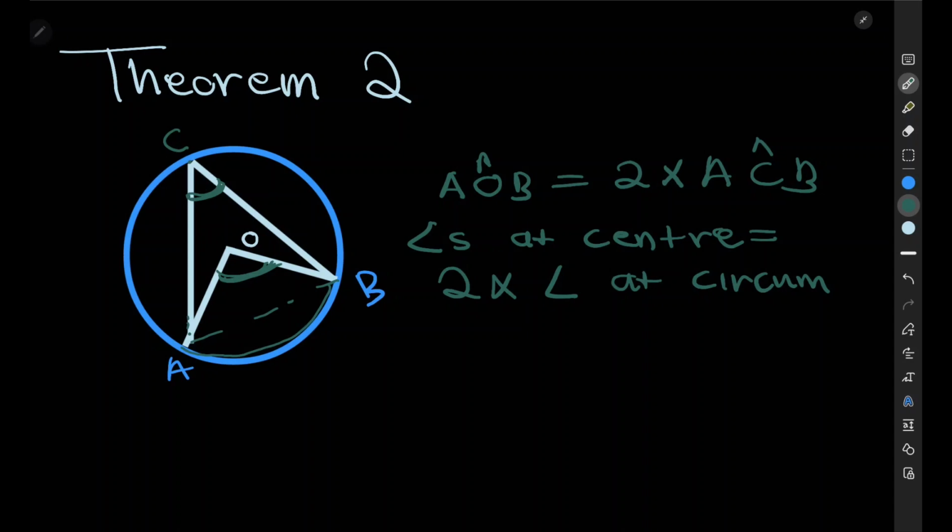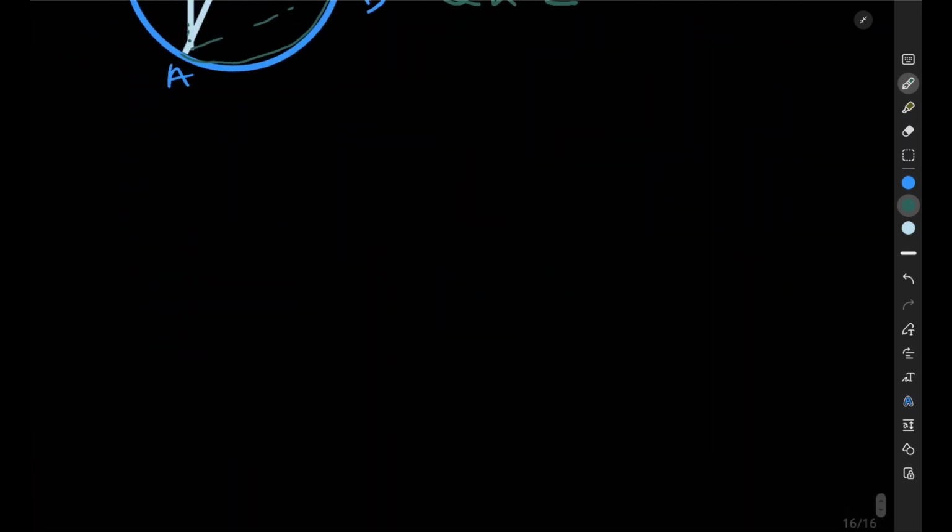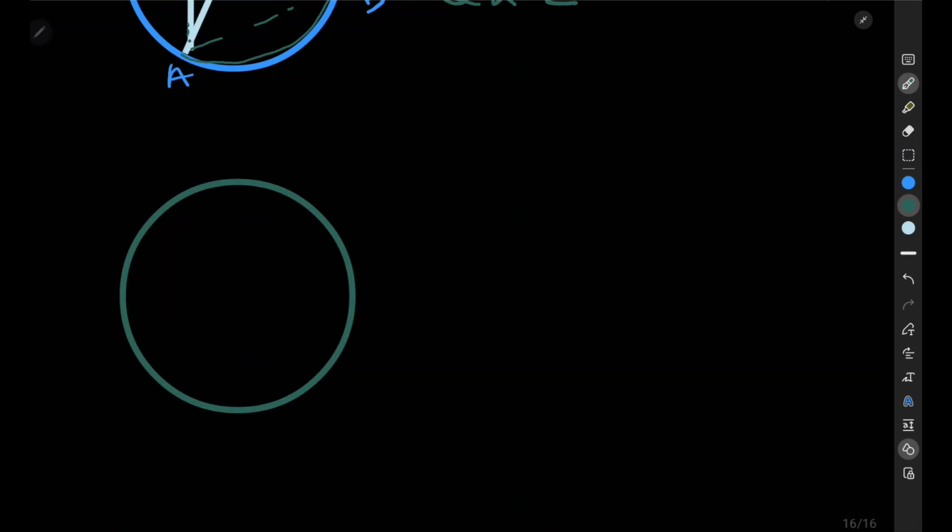Okay, so this is not the only shape that they can give you. Another shape that they can give you, let me just quickly give you an example. Let's say they give you a circle, obviously, since this is circle geometry, and you have your center here, that will be A, and let's say we have C here and we have B somewhere else.